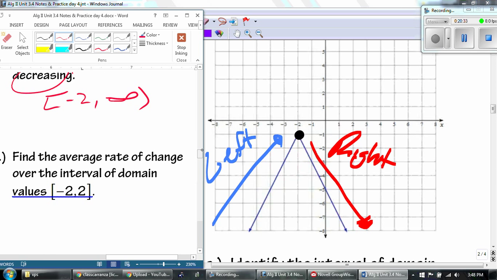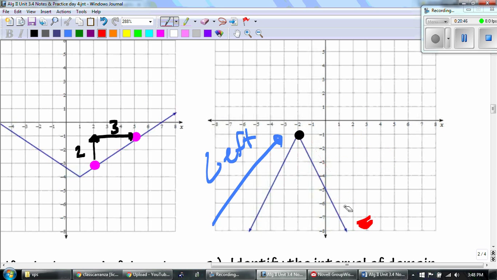Okay, and the last one, find the average rate of change over the interval, negative 2, 2. Once again, these are our x values. Okay, so I've already got the first negative 2, the only negative 2, Mr. Grice. And then at 2, I think we're supposed to be using that point right there. Or actually, I think it's supposed to be 1 off, so sorry. It's at negative 9.